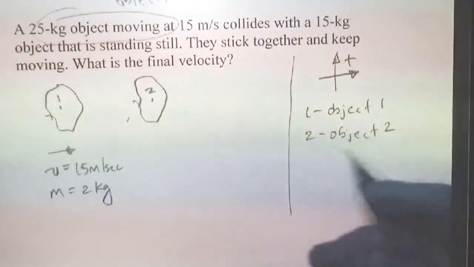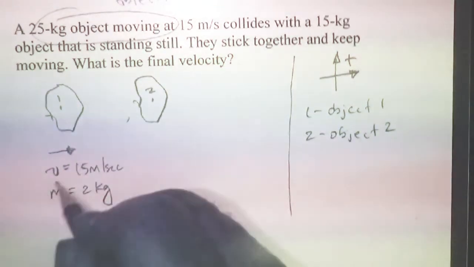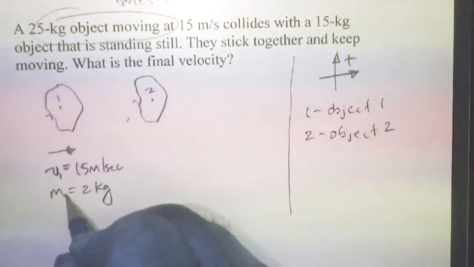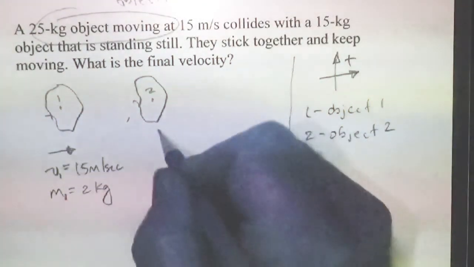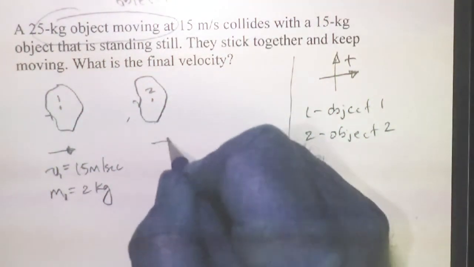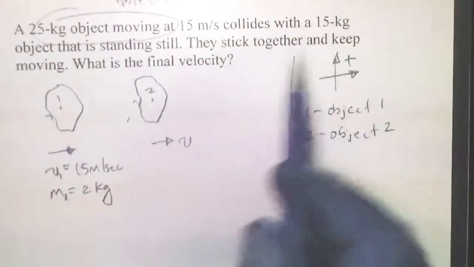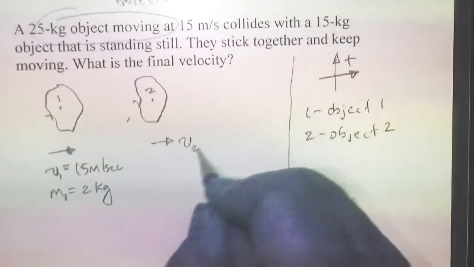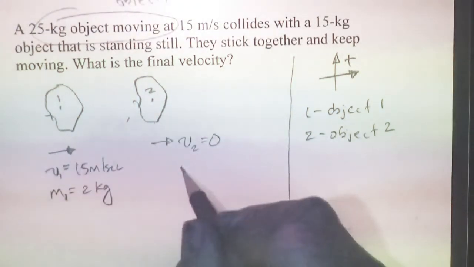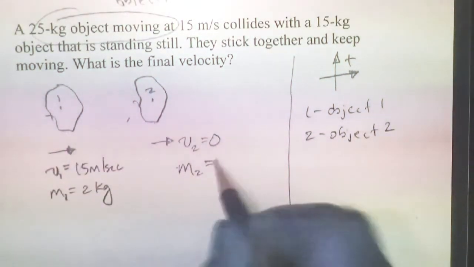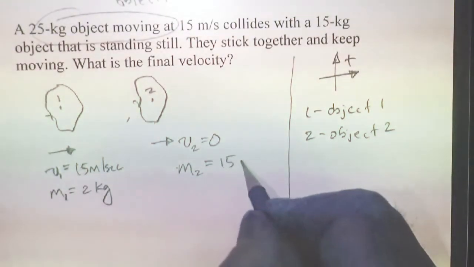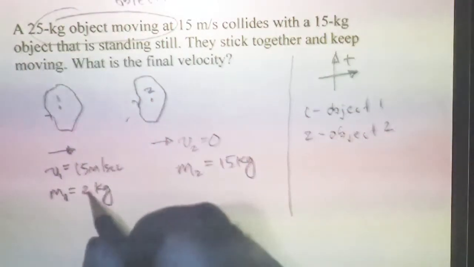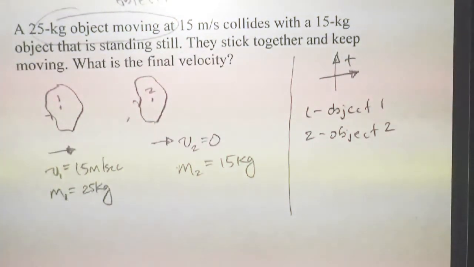Now, to be clear, since we've already said this is object 1 and object 2, we want to use the subscript 1 when we're talking about that mass, that object. This one obviously has no velocity because it's standing still. But it does have a mass of 15 kilograms. And I see I've missed my 5 over here. That's 25 kilograms.